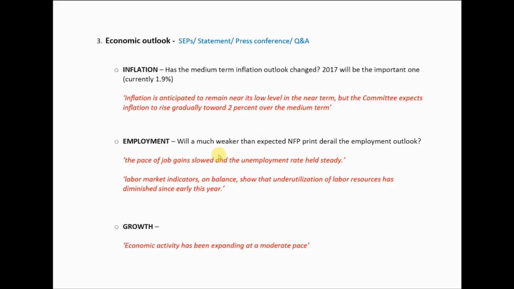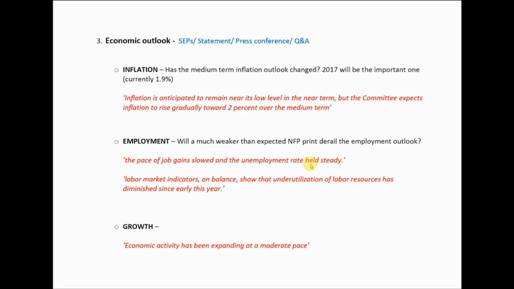Employment. We had a much stronger than expected NFP. Does that derail? I guess it shouldn't derail at all, but does that re-emphasize the employment outlook from the Fed? So last time around, in October, they said the pace of job gains slowed and the unemployment rate held steady.